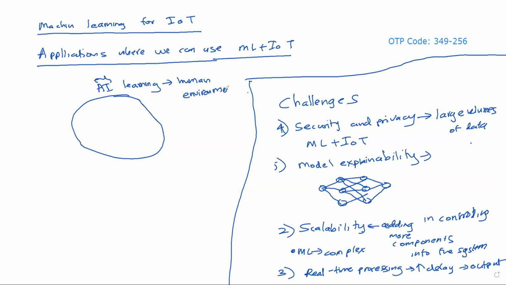Basically, the learning that we do based on data, we call artificial intelligence. Artificial intelligence is a broad concept, and it is a concept that we are still trying to achieve.